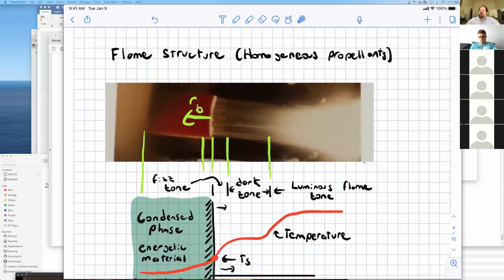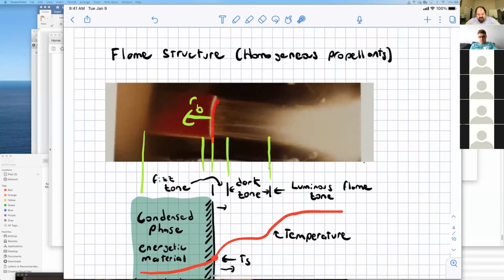They do burn with a lot of energy, but it takes some time to get them to ignite and burn. So in this region, the gases of the burning propellant are just moving to the right, waiting for enough time to ignite and burn. And then after they ignite and burn, we have a region called the luminous flame zone.